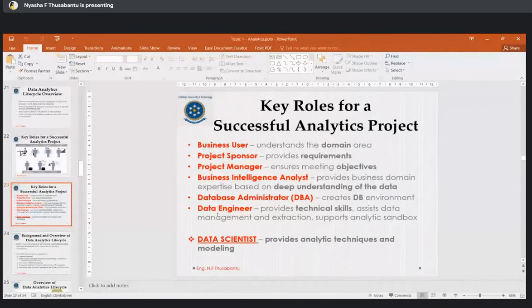If my project's user or the sponsor has given us a data set to work with, the business intelligence analyst is the subject area expert in that field, and they understand that, okay, I should have A, B, C, D as part of the data set. So why is this missing? Why is that missing?